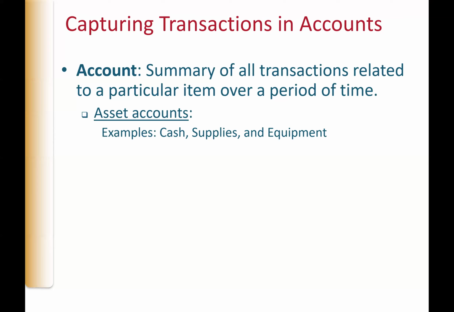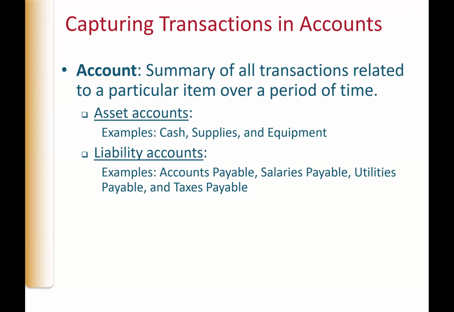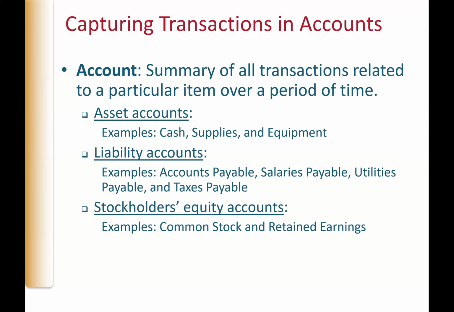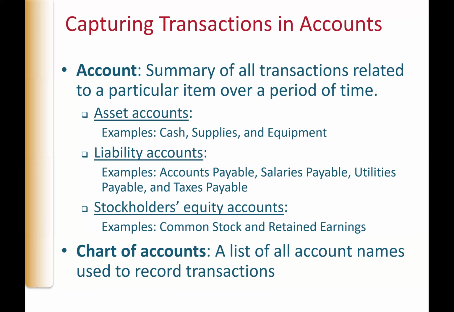Or all the transactions that involve equipment will be put into an account called equipment. Same thing is true with every single account. Anything involving a specific account will have a summary of all those transactions.